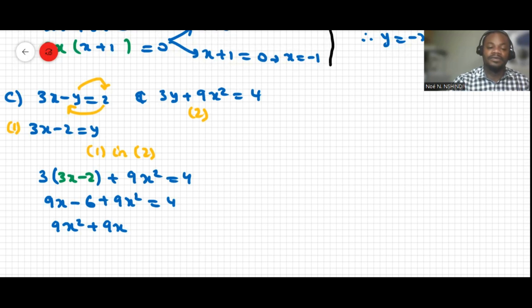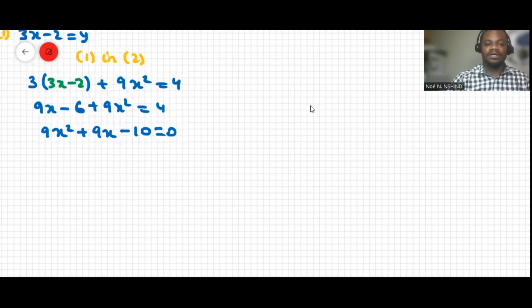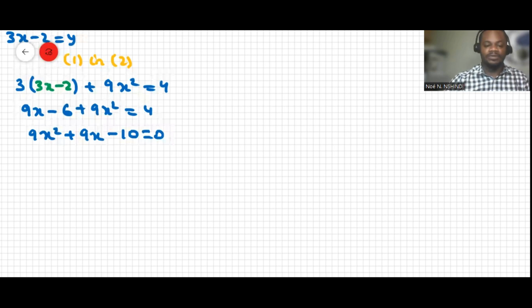If I move 4 over, it becomes negative 4, so it's going to be negative 10 equals 0. Now we can solve this by factorization. If I look at the last term, which is negative, I'll do 9 times negative 10, which is negative 90.